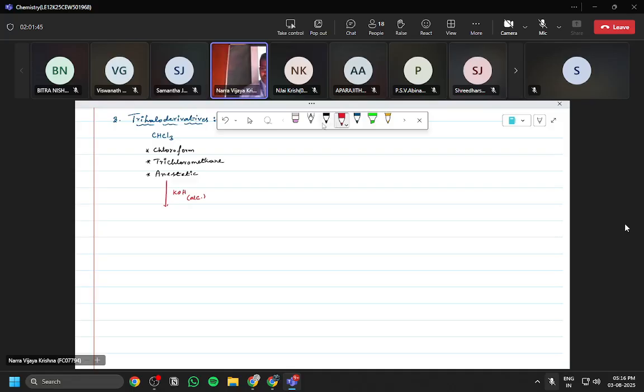Yes or no? So if acidic hydrogen is pulled out, can I write CCl3 minus is obtained? Correct or not? OH minus. This is CHCl3. This OH minus will pull H plus, right?